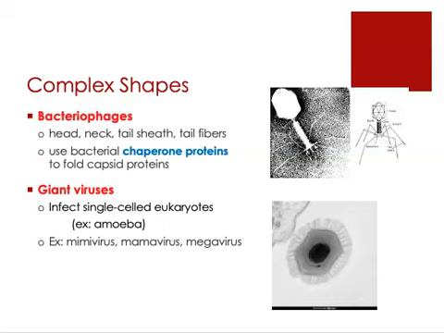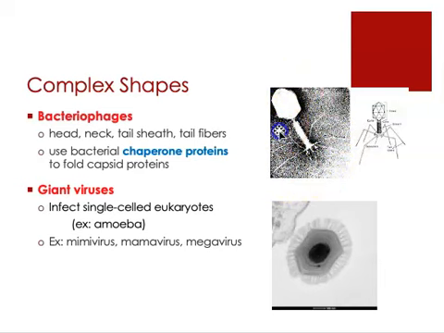So, bacterial cells, just like human cells and other types of cells, can be infected with viral particles. It's just that all of the viruses that are able to infect bacterial cells are all one type. They are all bacteriophages. Over here on the right-hand side, you're looking at an electron microscope image of a bacteriophage.